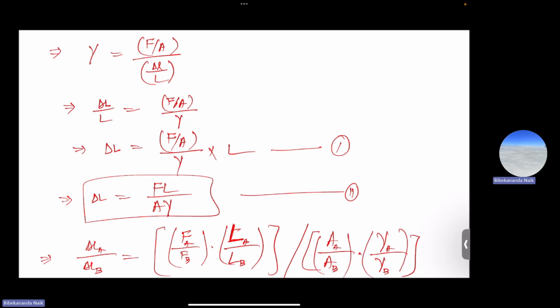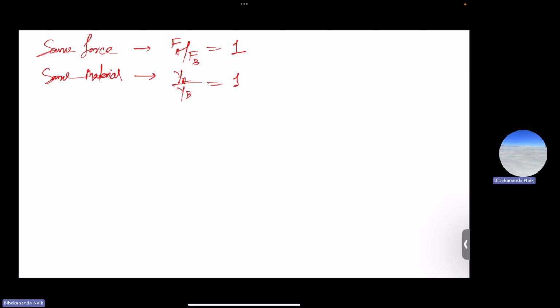Now in the question it is mentioned they are stressed by the same force and are of the same material. So same force, so F A by F B equals 1, since the two materials are the same, so for the same material Y A by Y B will be 1 because Y is the same for both.